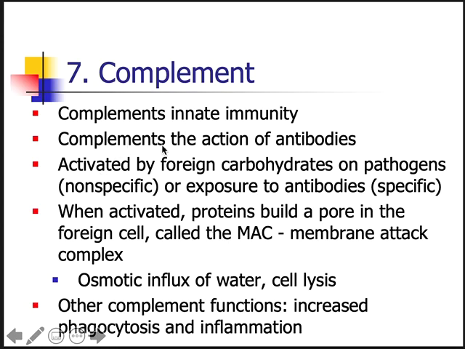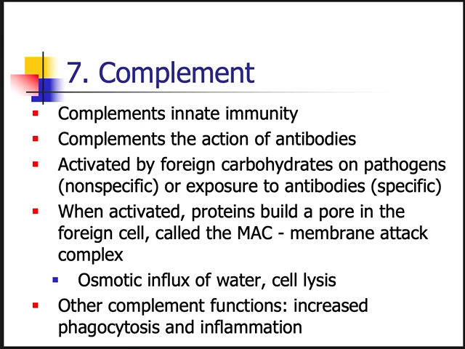Either way, once you activate complement, which is a protein always in your blood, it splits, and it's going to continue to cause this cascade of all these proteins, and then those proteins can come together and build what we call MAC, or membrane attack complex. All of these proteins will embed into the foreign cell and punch a hole in it.